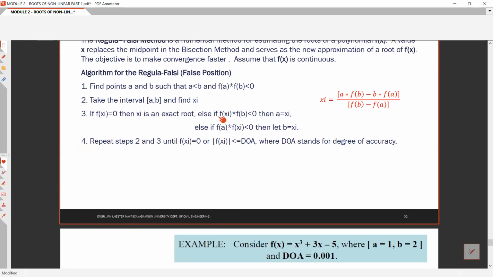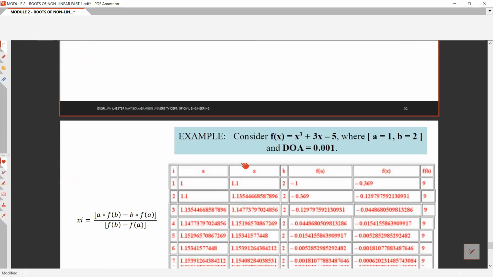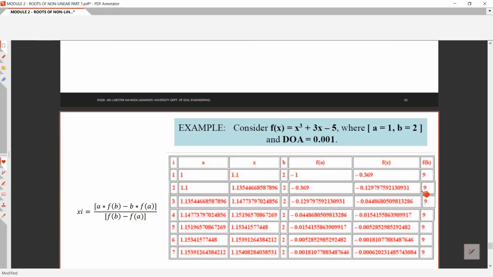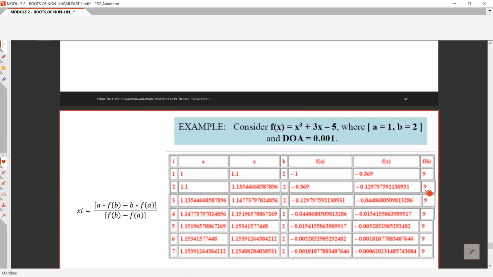If f of xi multiplied by f of b is less than 0, then yung a is equals to xi. So dito nangyari yon. A equals xi. Kaya ang nangyari, pumasok yung xi mo, naging a na siya sa next iteration. Then copy, solve again f of a and f of b. Then fill in the formula again, then you will arrive yung x natin na ganito.